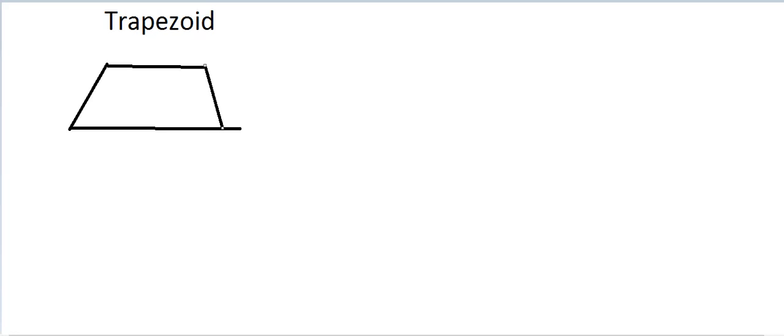What I'm showing you now is an isosceles trapezoid, meaning the legs are of the same measure. Assuming that they have the same measure, these two are the legs.